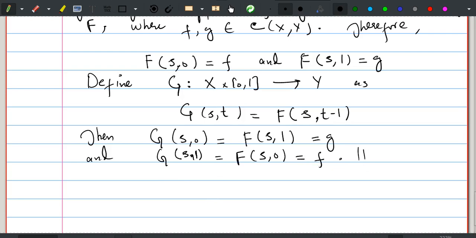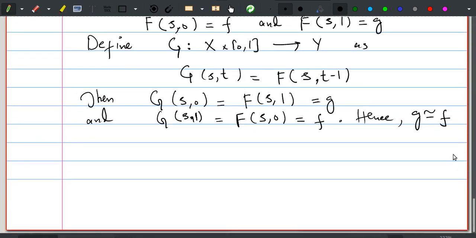Hence g is homotopic to f. Now it remains to prove the transitivity.